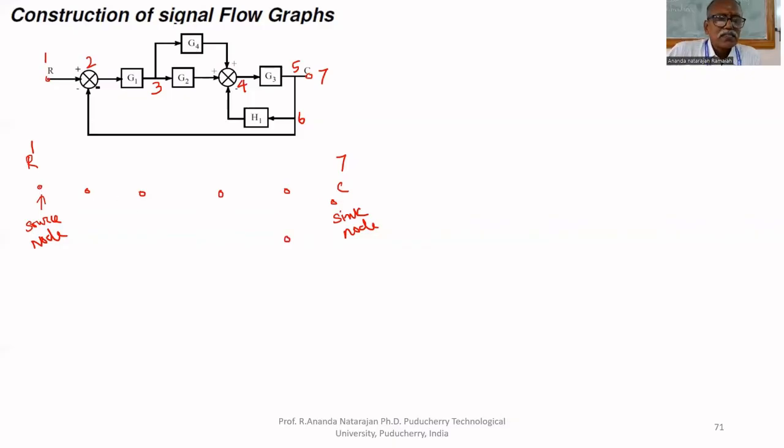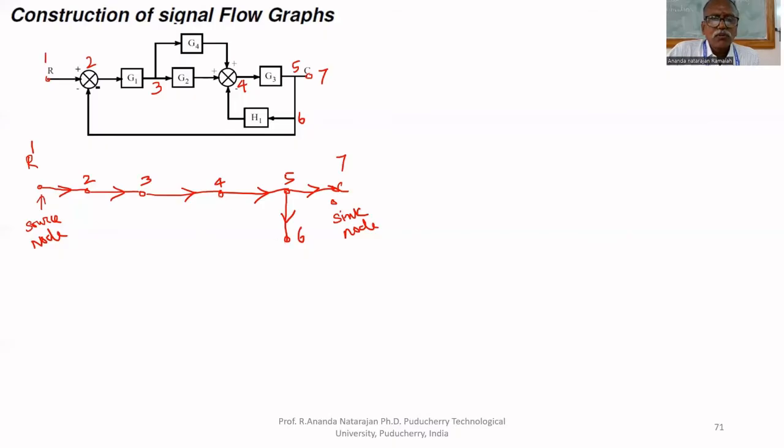We have to mark the directions. Direction is from 1 to 2, from 2 to 3, 3 to 4, 4 to 5, 5 to 7. 5 to 6 also in the same direction.